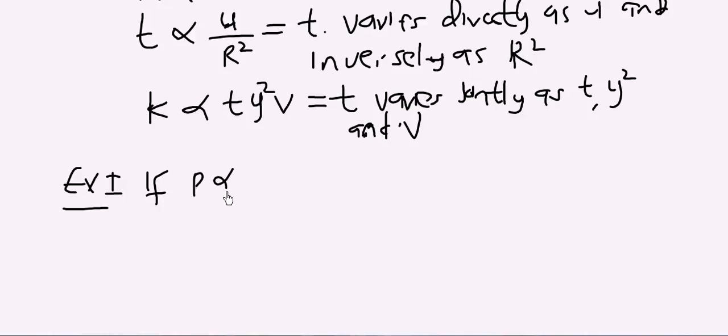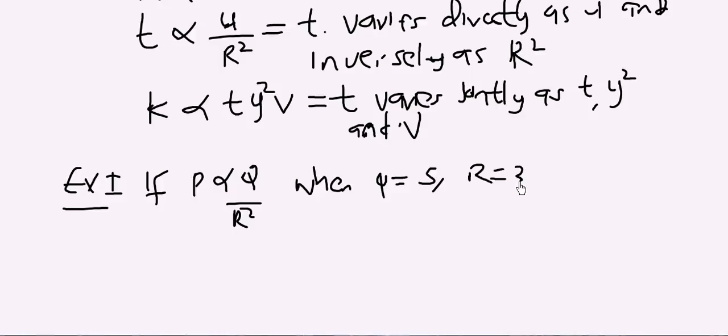If p varies jointly as q, that is, varies directly as q and inversely as r², when q is equal to 5, r is equal to 3, and p is equal to 20.